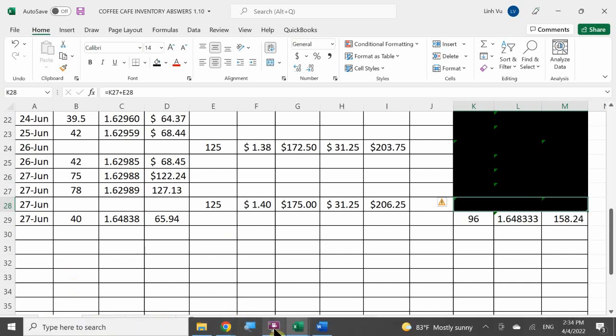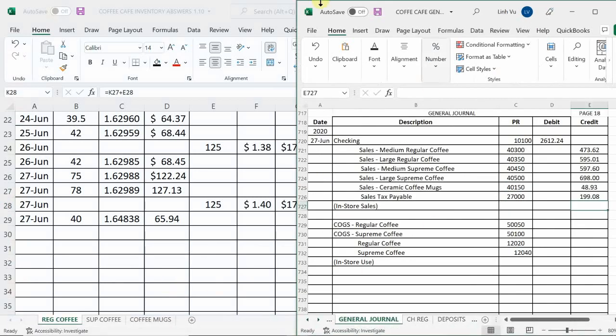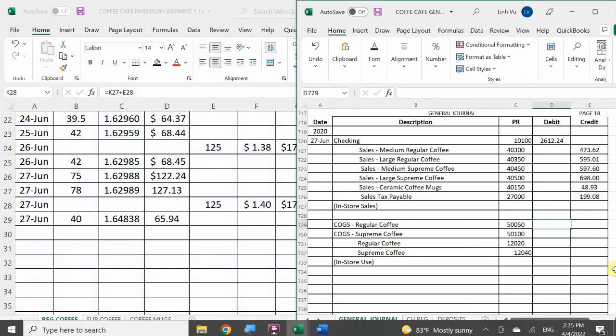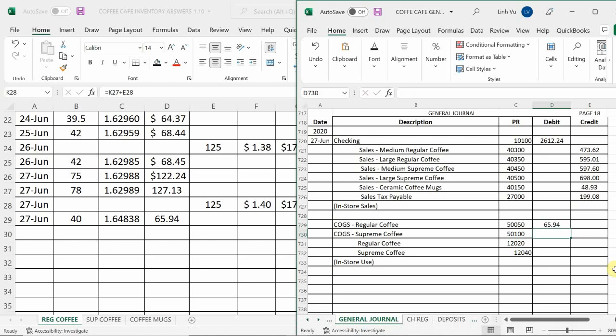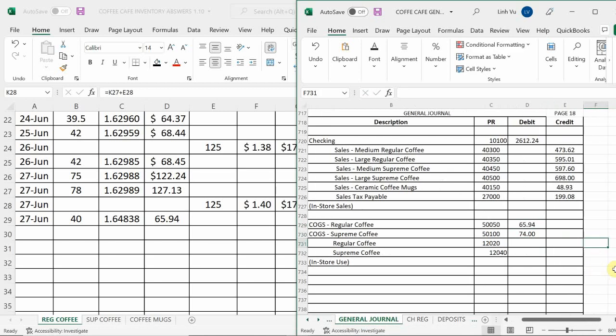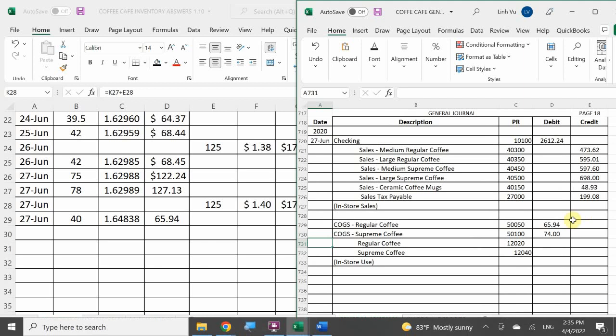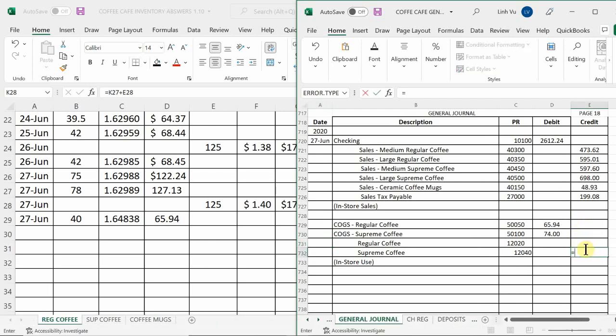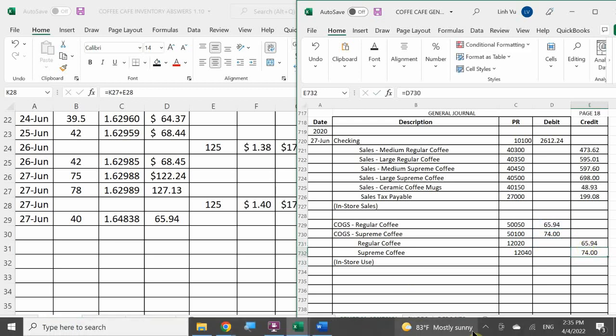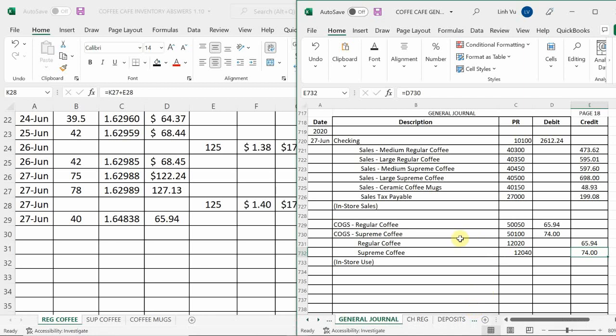So in this case, plug it into my journal. $65.94 for my regular and $74 for my Supreme.